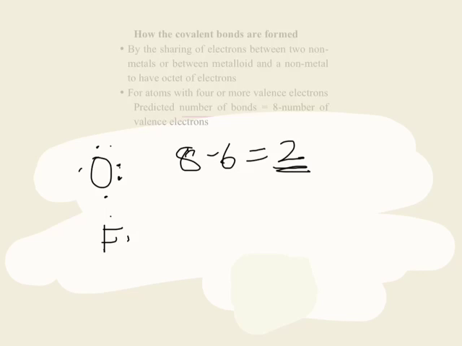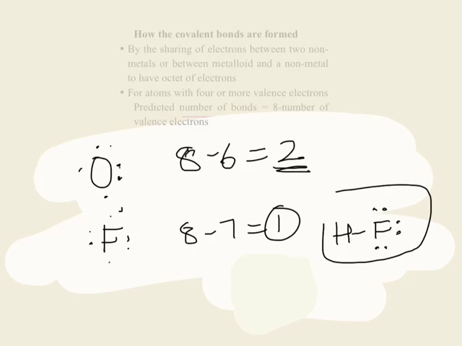Fluorine has 7 electrons, and so 8 minus 7 equals 1. That's why fluorine makes 1 bond, and that's why when we discussed the structure of HF, we got only 1 bond with the fluorine.